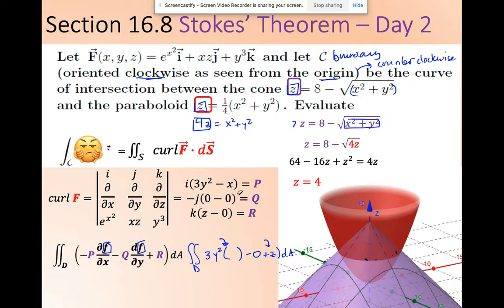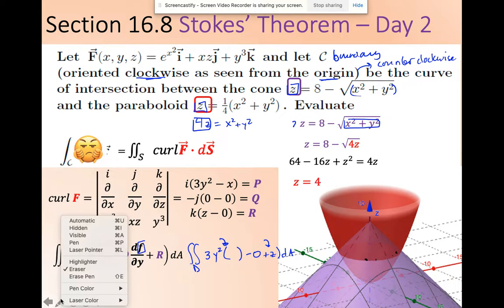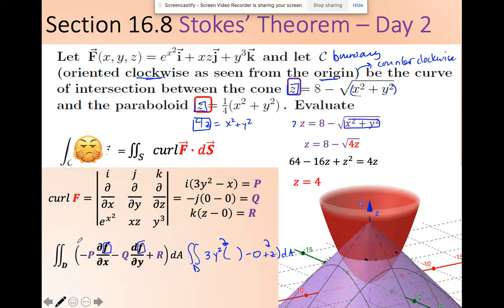And when I factored, I got 2 answers, of course, because that's a quadratic. But when I factored, my 2 factors, z minus 16 and z minus 4 is equal to 0, which means z is equal to 16 or 4.